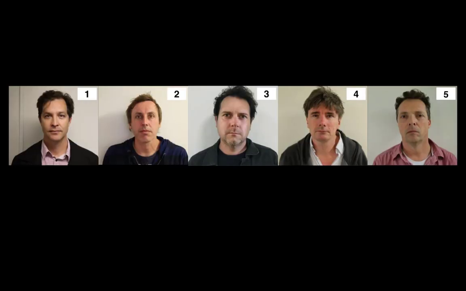So, how should the photographs used in the lineup be presented to the eyewitness? One choice is whether we present the photographs simultaneously, that is, they are laid out side by side in front of the eyewitness so that they could all be viewed at once. However, one problem with this approach is that it may encourage relative rather than absolute judgments.